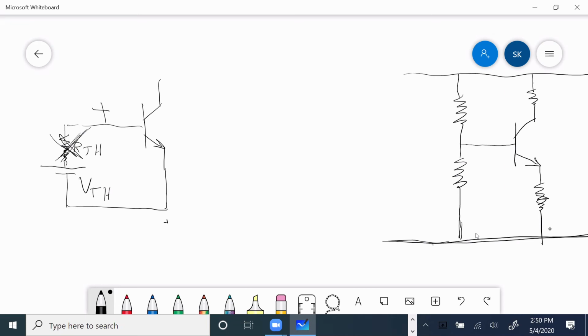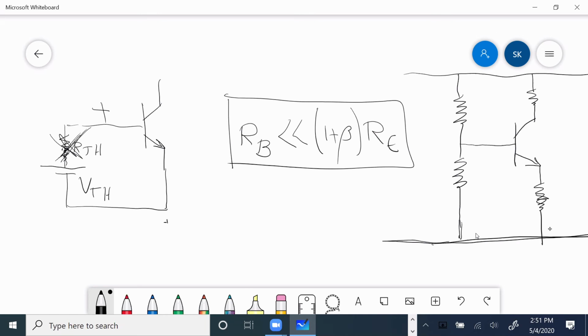In order to make this negligible, we arrived at this conclusion that RB must be much less than 1 plus beta RE.